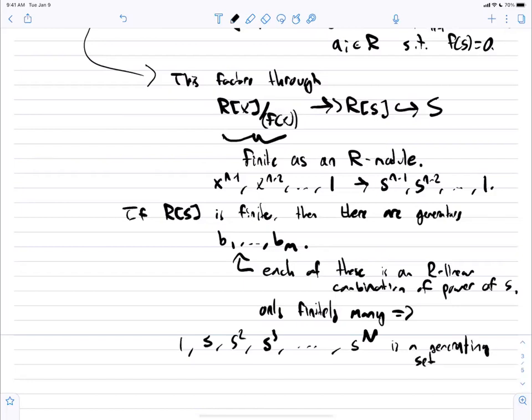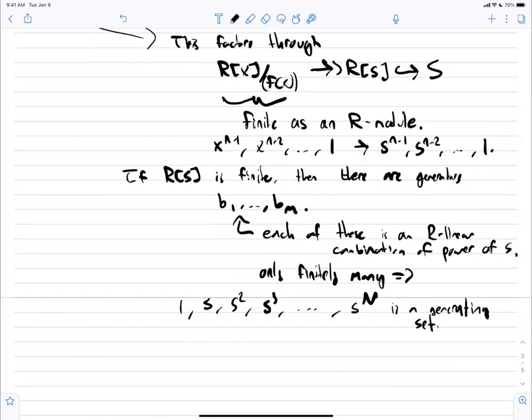Again, I'm not saying anything about it being free. I'm just saying that it's generated by these elements as an R-module. The argument is that if it's a finite R-module, then it has some finite set of generators, but each of those can be expressed as a finite polynomial in s, and there are only finitely many powers appearing. So in fact these things form a generating set.